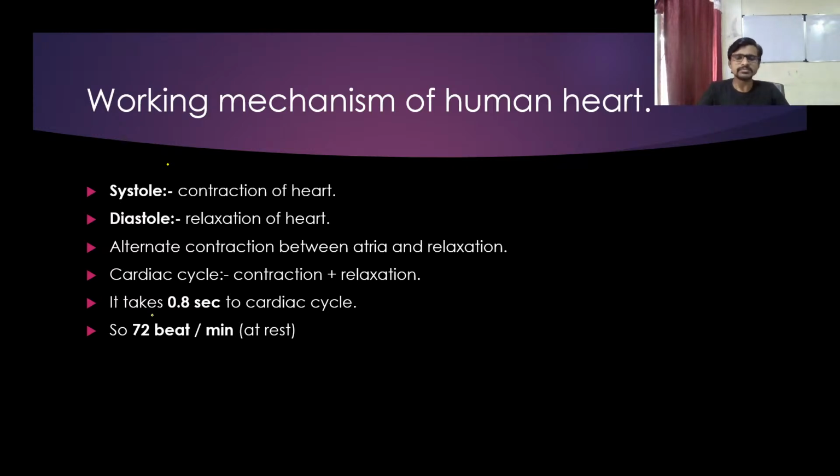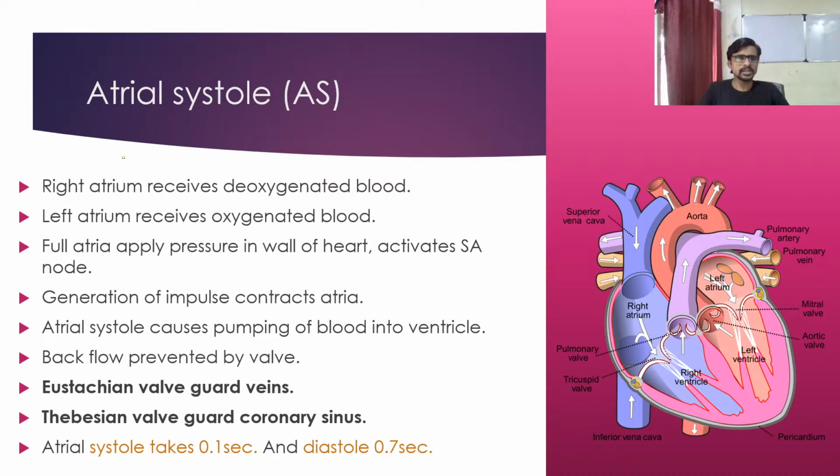Okay, so let's see atrial systole. So now in this slide, the atria are going to contract. Systole means contraction. So now here the atria are going to contract. The right atrium receives deoxygenated blood.